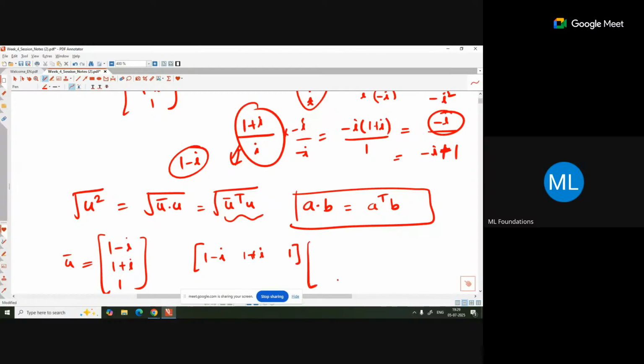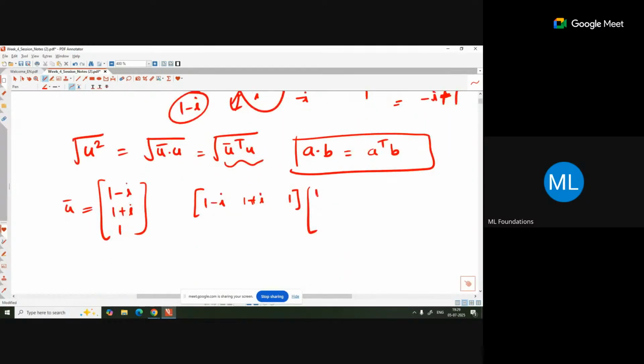This is my conjugate. And the conjugate transpose of u is 1 minus I, 1 plus I, and 1, which you multiply with the u vector: 1 plus I, 1 minus I, and 1. This is vector multiplication. The values become 1 minus I into 1 plus I, plus 1 plus I into 1 minus I, plus 1, and you get the answer 5.